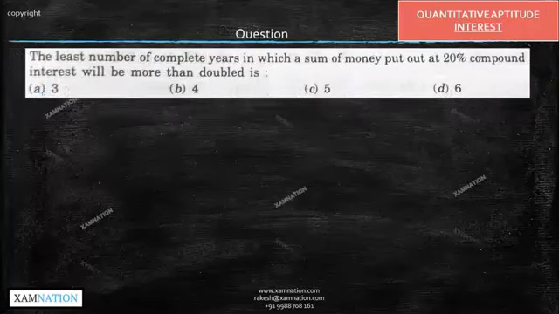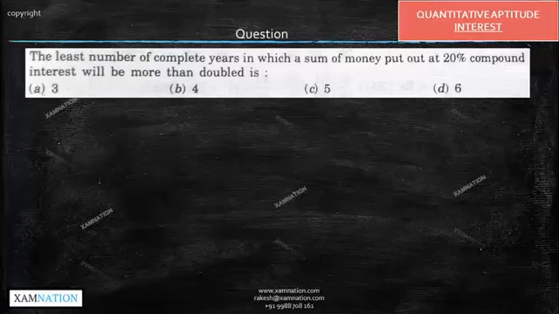All right. The next question is: the least number of complete years in which a sum of money put out at 20% compound interest will be more than double is. This is a compound interest question, and it asks how many years it will take for the amount to be double the principal.